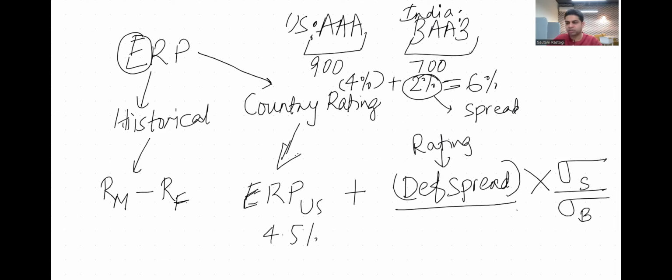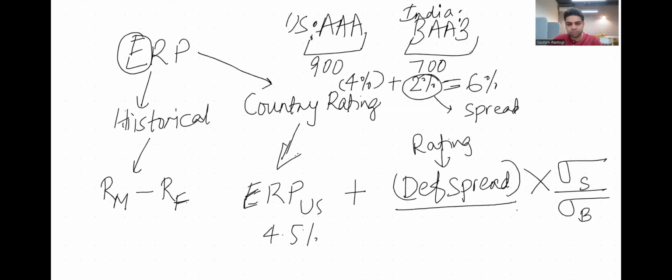Professor Damodaran also provides the standard deviation of the emerging market as a whole, not for India, so we can use that as a substitute: the standard deviation of the stock market for emerging markets divided by the standard deviation of the bond market for emerging markets as a whole.